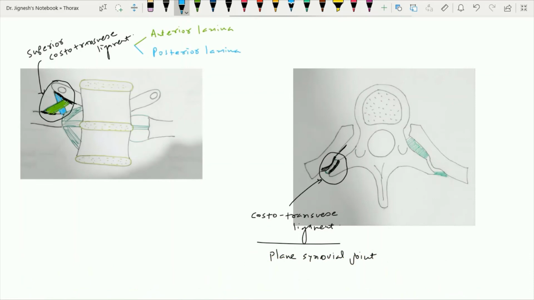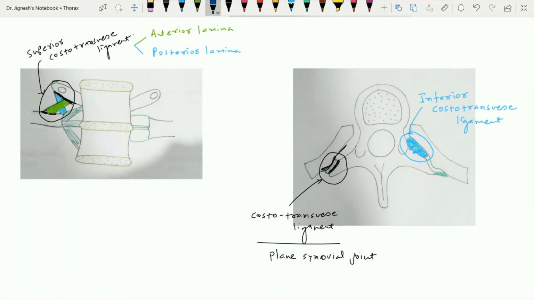For the orientation of the inferior costotransverse ligament, we have to see this superior figure, and here this is the inferior costotransverse ligament. It is attached to the posterior border of the neck of the rib and to the anterior aspect of the transverse process of the corresponding numerical vertebra.